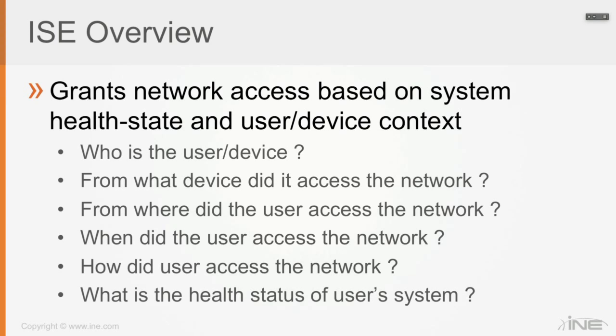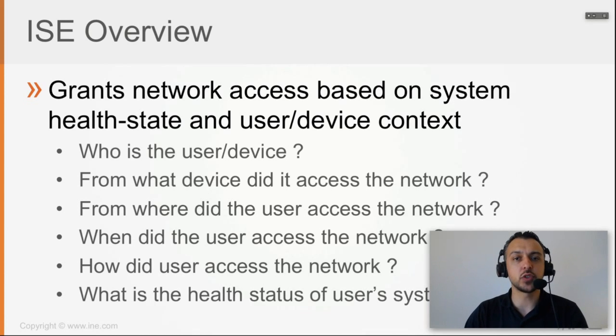The main challenge nowadays is that we want to authenticate devices and control what devices can do in the network, but it's no longer enough to make that control happen just based on the username, or the device type, or the IP address of the user. Nowadays we want ISE, when it authenticates devices and allows them access to the network, to give different types of access based on the context of that user.